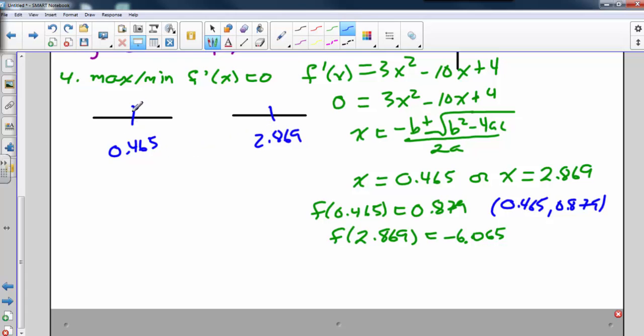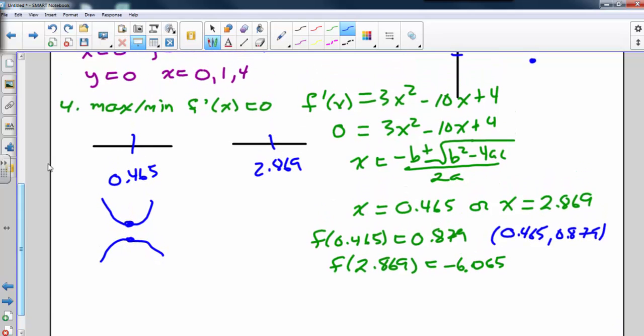And what I know is, again, these are going to be maximums or minimums, which means either my graph is going to decrease until it hits that point right there and then increase afterwards, or increase to that point and then decrease afterwards. Okay, so again, this is what we did during the critical number section, critical point section. And so now I'm looking to determine, is my slope decreasing to that point or increasing to that point?